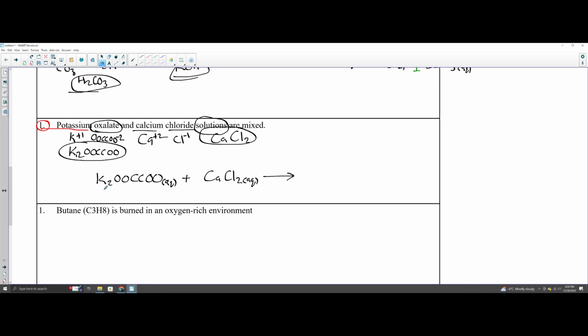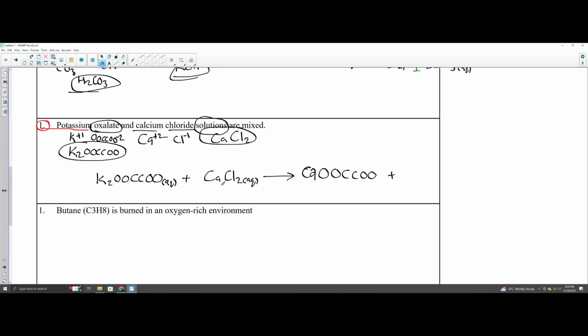Now we should see that every time we see 2 ionic compounds reacting, that's a double replacement reaction. So calcium for potassium. Let's do a quick swap. Calcium is +2. Oxalate was -2. So that means we just need 1 of each. 1 calcium with 1 oxalate.